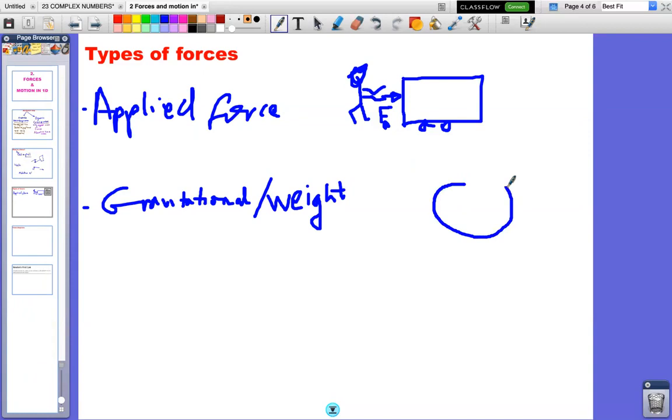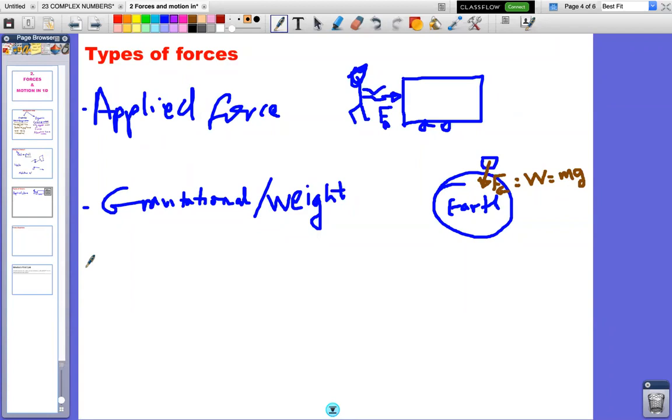If this is the Earth, and anything is near the surface of the Earth, then the Earth will pull that thing to itself. Any object near the surface of the Earth will be pulled towards the Earth by a force. This force is the gravitational force. Let's denote it Fg, or call it the weight of the object. And the weight of the object is the mass of the object times the acceleration due to gravity, which we know to be 9.8 or 10, right?